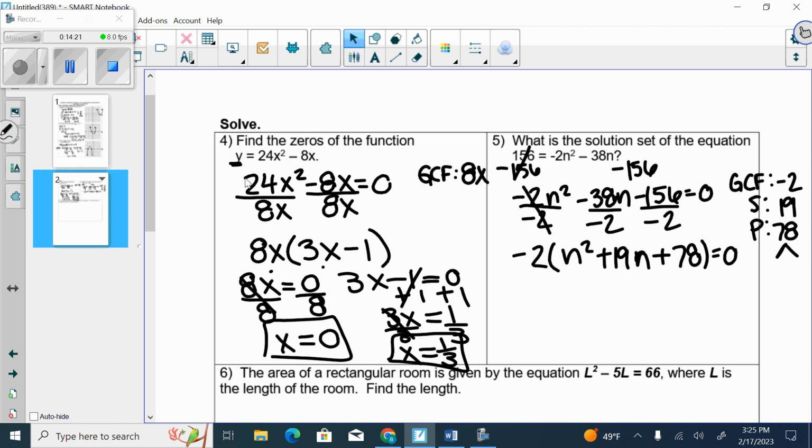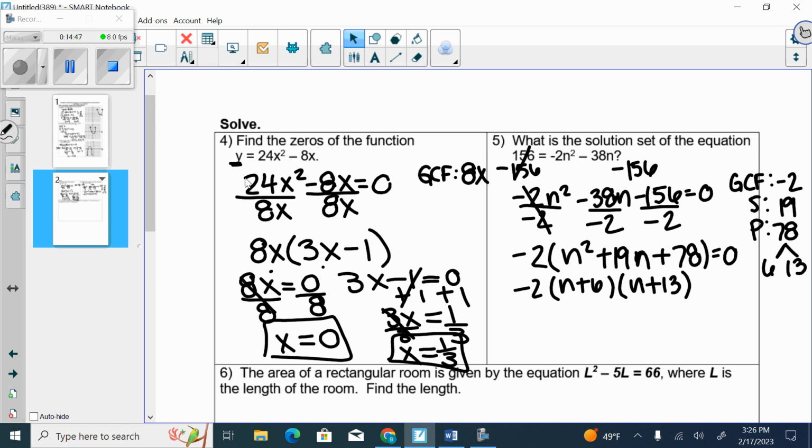So check your factors in your calculator, see what numbers we can come up with. Very good. Okay, 6 times 13 is 78. 6 plus 13 is 19. Good. So we got negative 2 times n plus 6 times n plus 13.